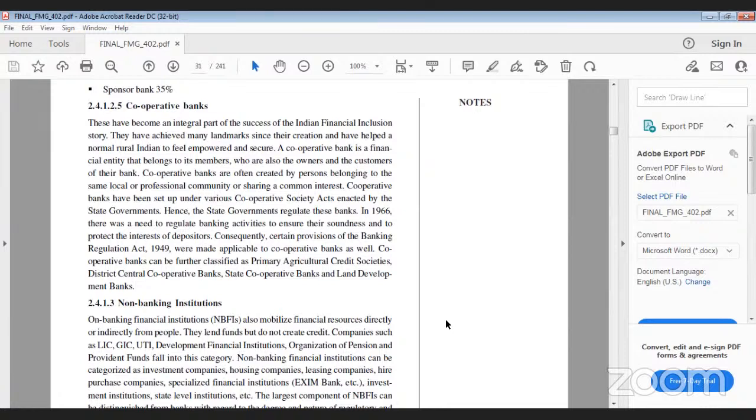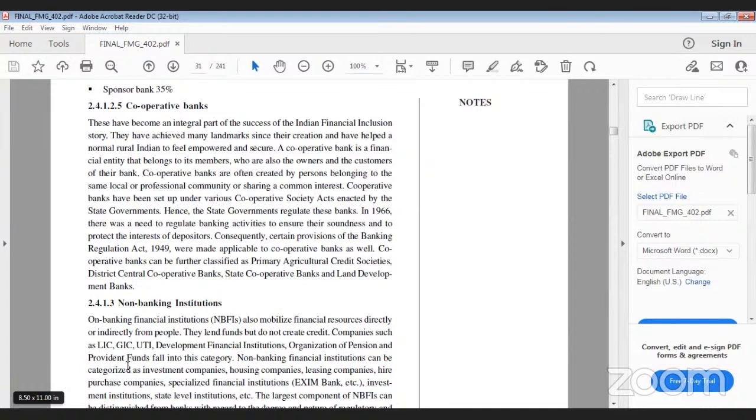Companies that hold licenses, such as LIC, GIC, and UTI, development financial institutions, and organizations such as pension and provident funds fall into this category.